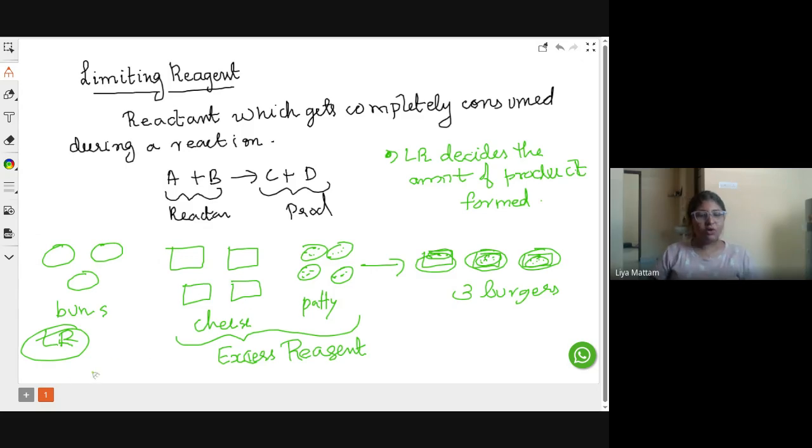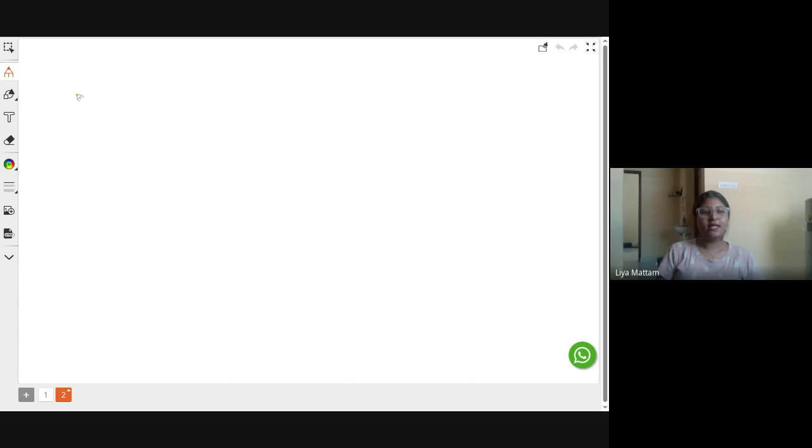Now we can solve one question. Yes, I'll write one random question: 2A plus 3B gives 4C plus 5D. Consider this as a balanced equation.